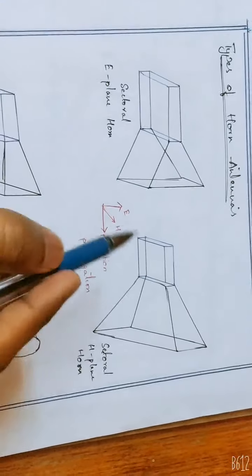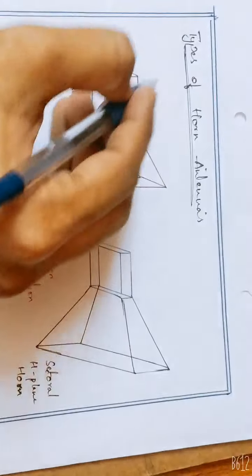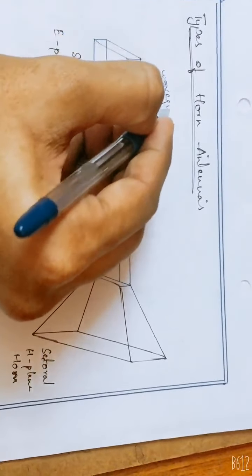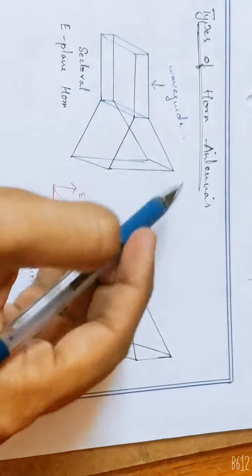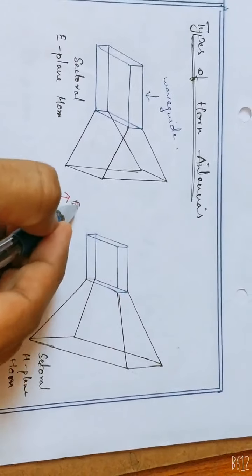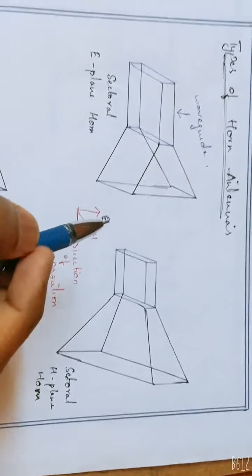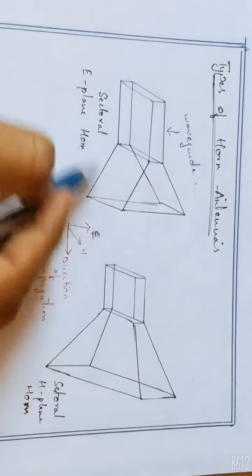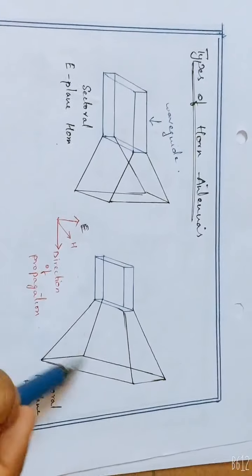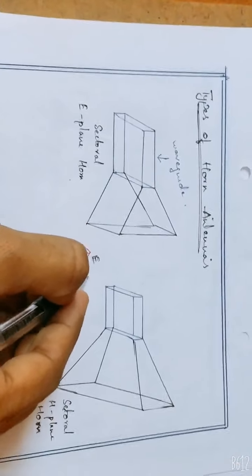These are basically the different types of horn antennas. Here this is the waveguide, and here I have provided flaring with respect to the electric field. So we can call this figure a sectoral E-plane horn. In this one we have provided the flaring in the direction of the H plane.